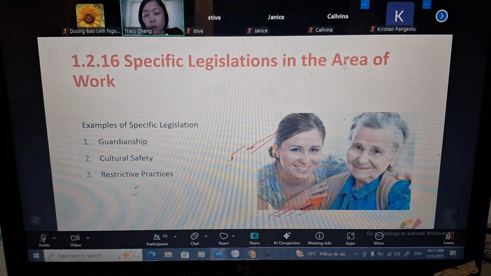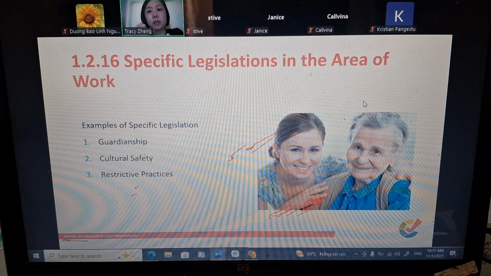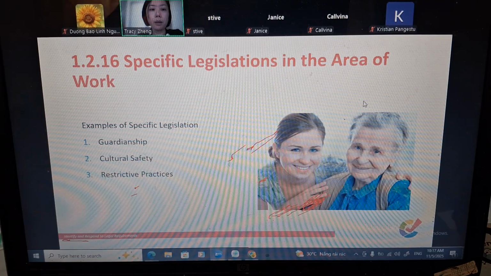As you all know, using restrictive practices is breaching our clients' freedom, right? And your clients cannot move freely. So if it's not necessary, we definitely don't want to use restrictive practices, okay?